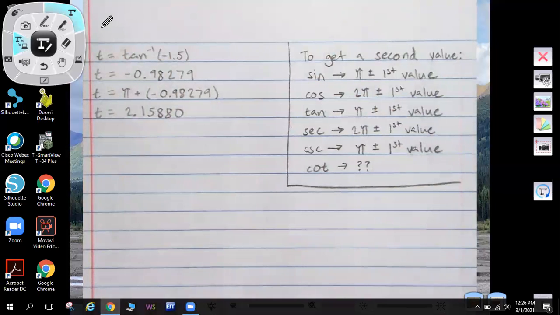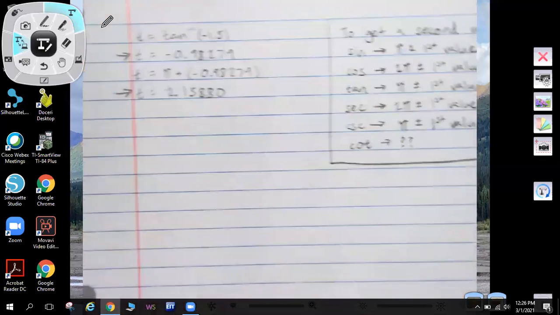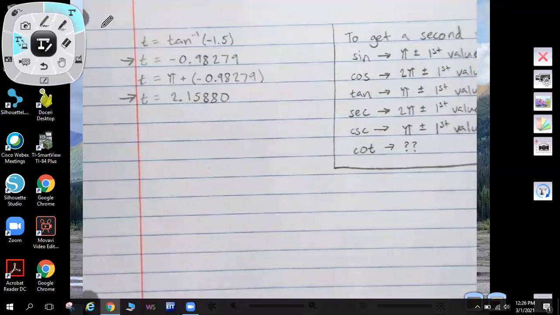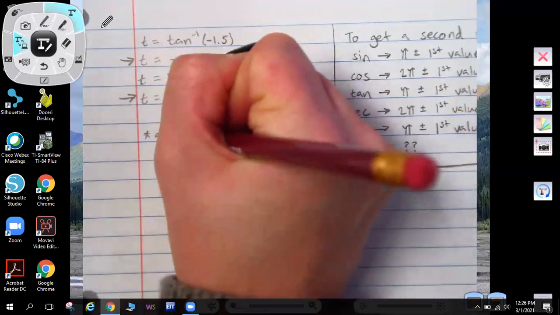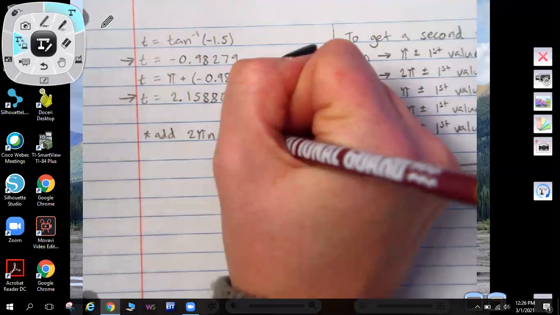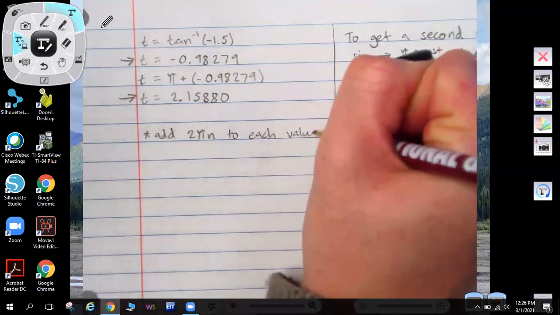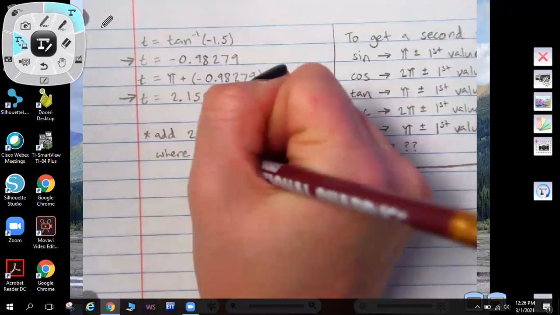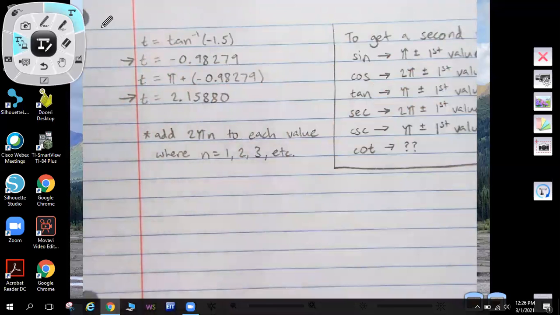Okay, so the two t values we have, using those, that's when we add 2 pi in. n is like 1 rotation, 2 rotations around the circle, and so on.